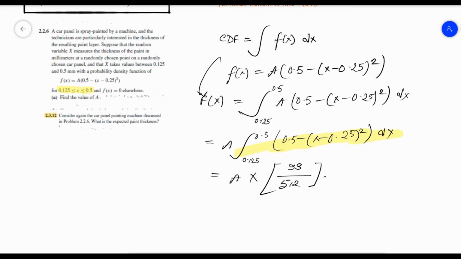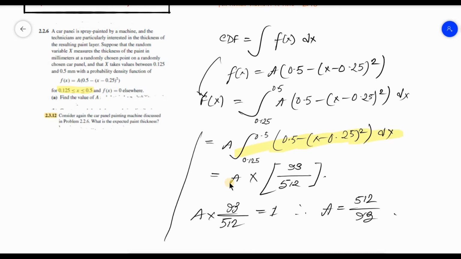Now if we determine the CDF, we know that this final value of the CDF is always equal to 1. So we can write that a into 93 over 512 is equal to 1. Therefore, a is equal to 512 over 93.